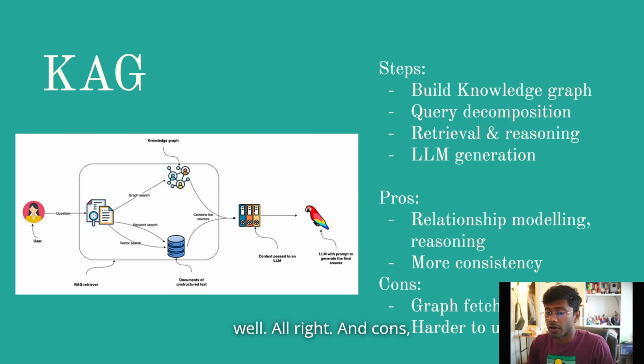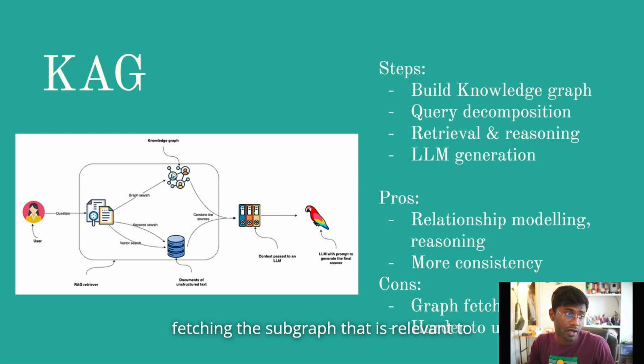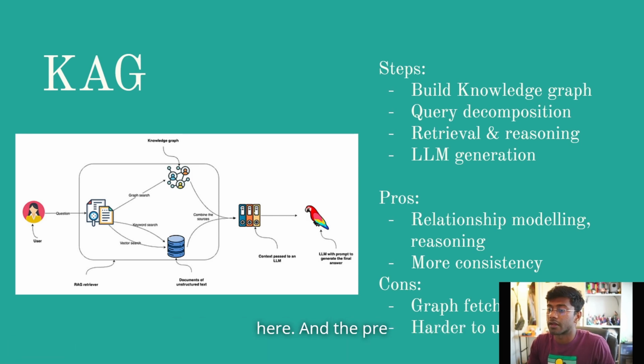All right, and cons: there's additional latency with fetching the subgraph that is relevant to the query. So there's a higher latency here, and the pre-processing, preloading step is heavy in this workflow. So it's harder to update the data every time and generate or update the knowledge graph again.